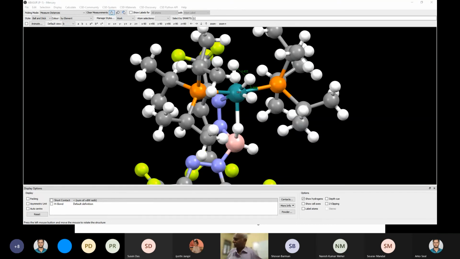We can draw the orbitals fairly easily. There are 2 empty orbitals from the metal and 1 filled H minus, which has got 2 electrons. So that's the bonding system, 3-center 2 electrons.